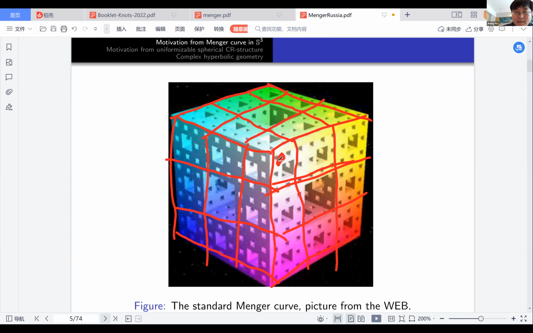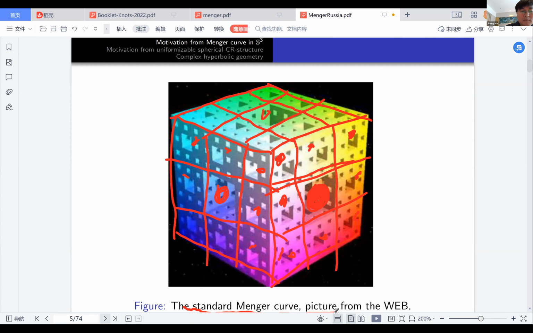C1 is just the pieces here, here, here, and also these ones. In other words, we neglect the pieces of this one, this one and this one. We repeat this process into infinity. Then we get the so-called standard Menger curve.